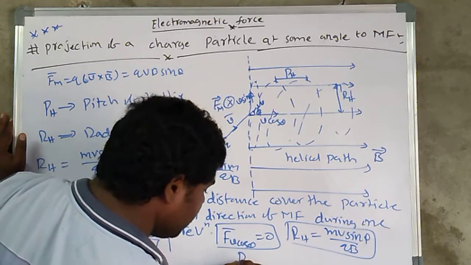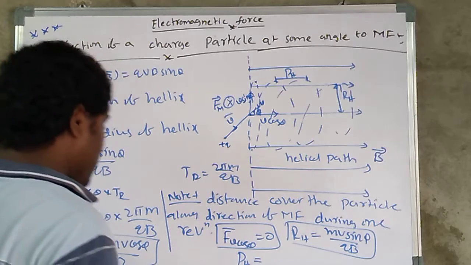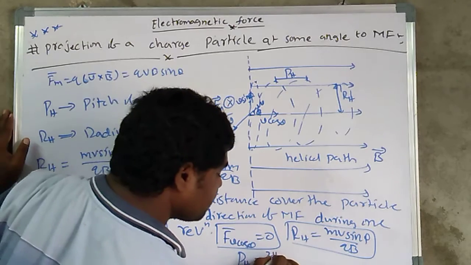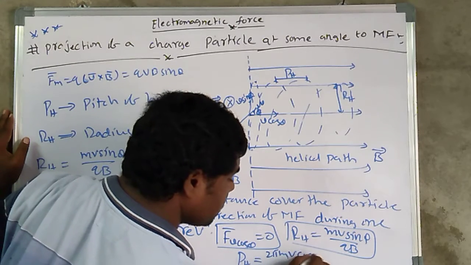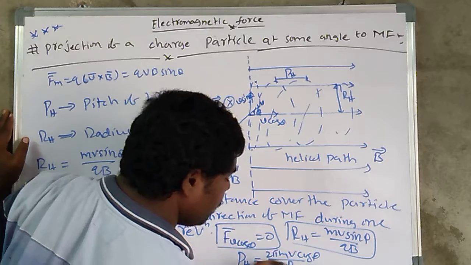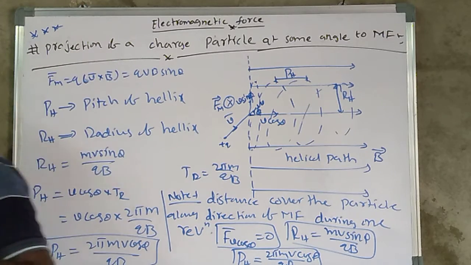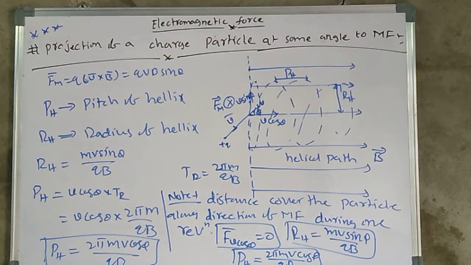Similarly, the pitch of the helix is equal to 2 pi mv cos theta divided by qB. These three formulas are very important.